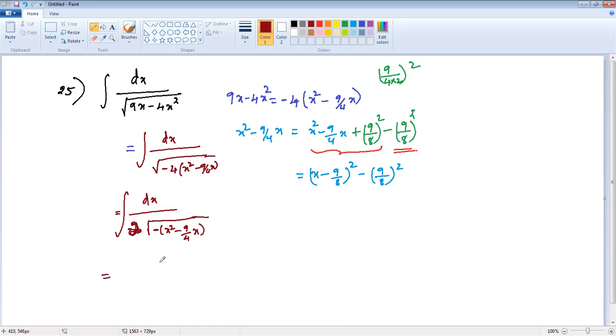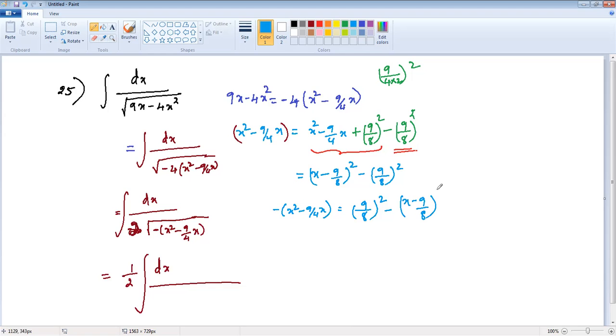And the thing is, you got this term to be this, right? So what will be minus of that term? Minus of x square minus 9 by 4 x is equal to 9 by 8 the whole square minus x minus 9 by 8 the whole square.